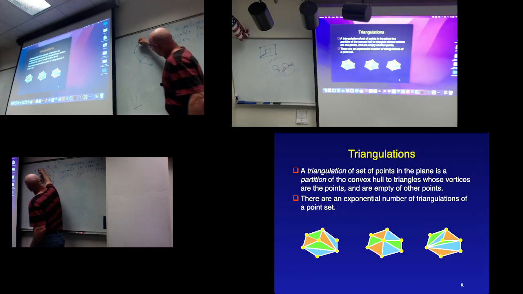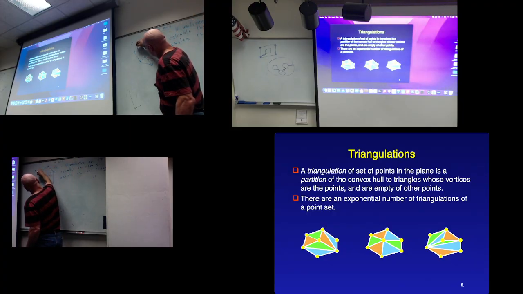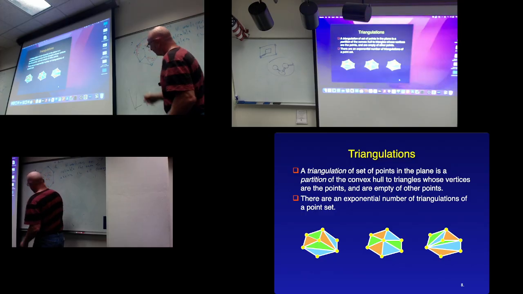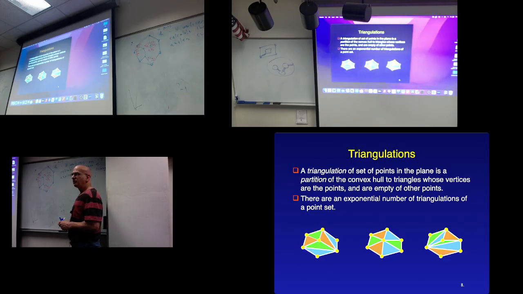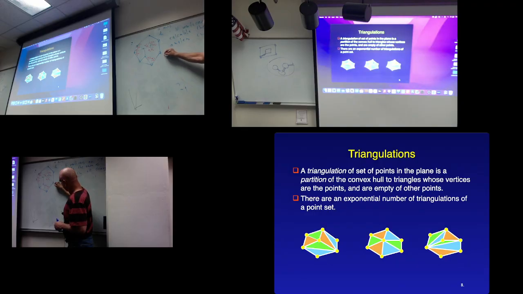Plus, I need to add here beta 1, beta 2, beta 3, beta 4. So how can I compute this sum of angles in all triangles? I'm going to do it in two ways. I'm going to assume that I have T triangles. So the answer would be T times 180. That would be one way to calculate it.